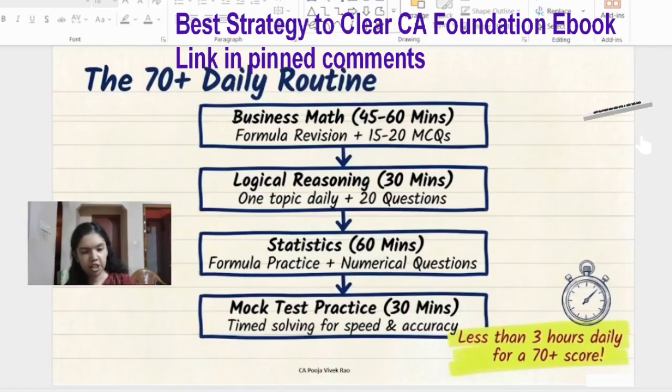Then for statistics portion, allocate 60 minutes. Here practice formula and numerical questions. Then next 30 minutes you will practice the mock test paper. So timed solving of mock test paper will help you to improve speed and accuracy. So this daily routine of less than 3 hours can help you score 70% marks if you follow it consistently.